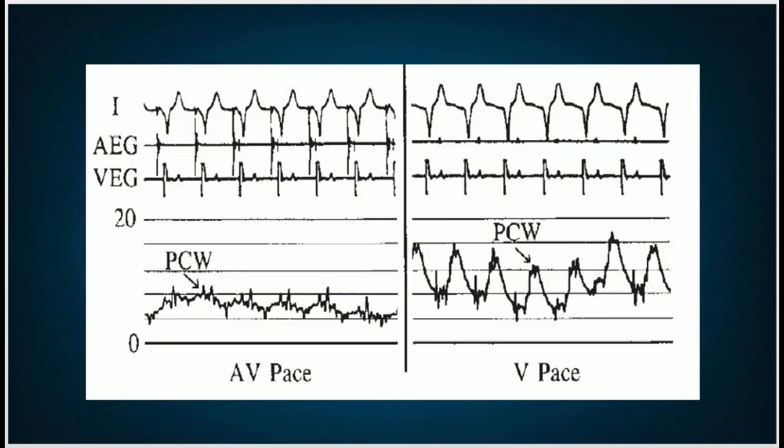The recording shows pulmonary capillary wedge pressure from a single patient during AV pacing on your left and ventricular pacing on your right at 80 beats per minute with an AV interval of 150 milliseconds.